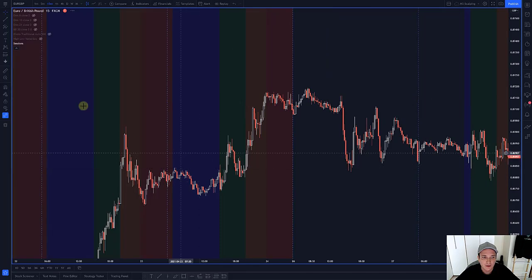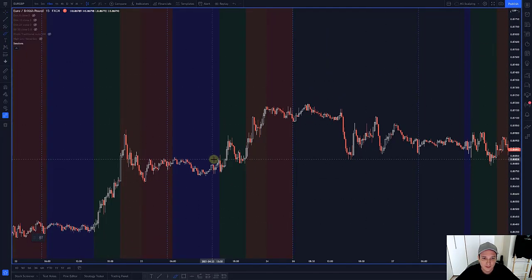I typically only trade around the London Open, so roughly around the green zone here, and these 3 hours roughly from 2:30 p.m. to 5 p.m. is my typical trading time. And I do trade these because you get nice volume, you get nice moves.